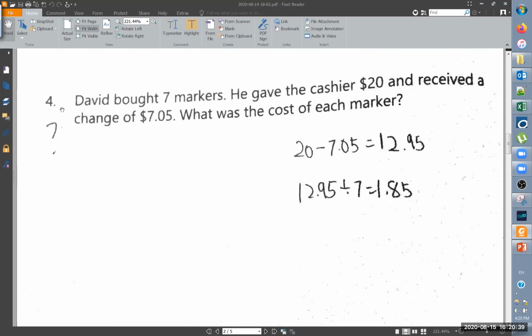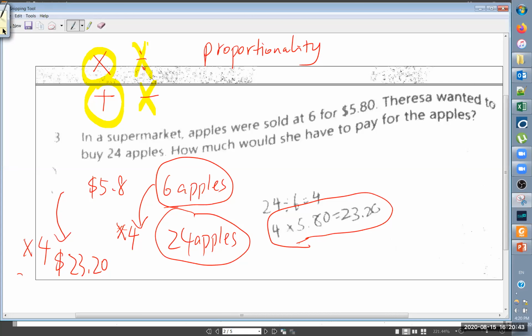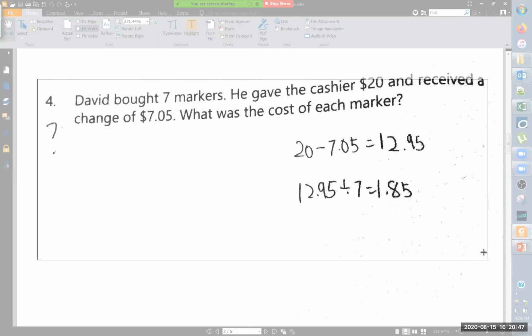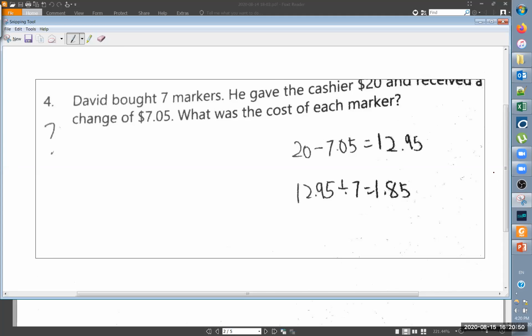Oh, okay, very good. So David bought 7 markers. In order to do this question, it's best that you know you're supposed to find one marker, how much. Can you remember just now? 4 iPhones is 4,000, one iPhone is 1,000. The concept of proportionality is you always need to find out what is 1.